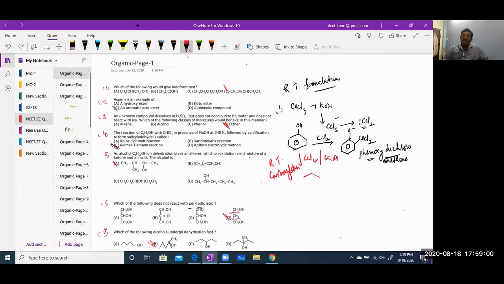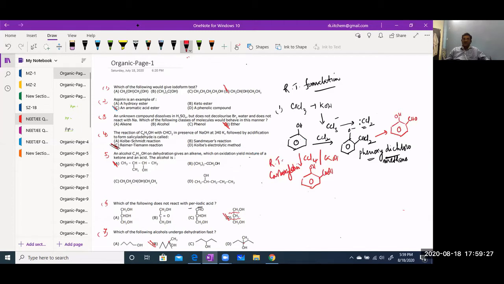That gives rise to salicylic acid. Both are going to be stable. Salicylaldehyde, that is ortho-salicylaldehyde, is the major product and is also stable due to intramolecular hydrogen bonding.